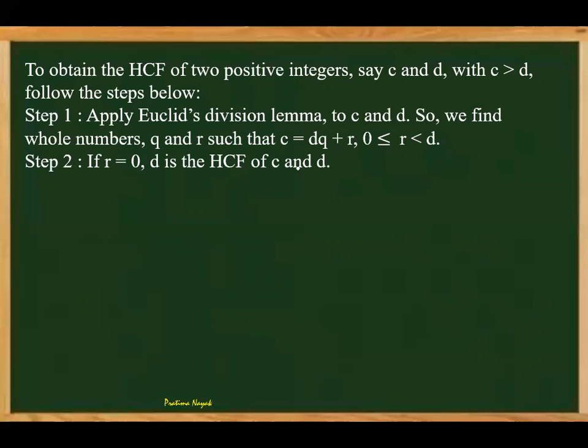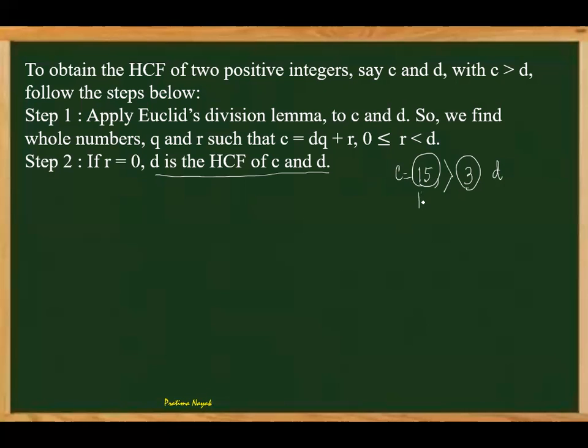If the remainder is 0, then d is the HCF of c and d. Now let us take one example so that you will understand better. I am taking two numbers 15 and 3. So I can imagine c is 15 and d is 3, because 15 is greater than 3.